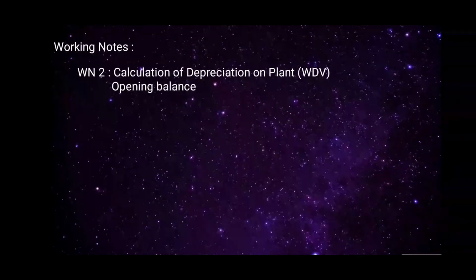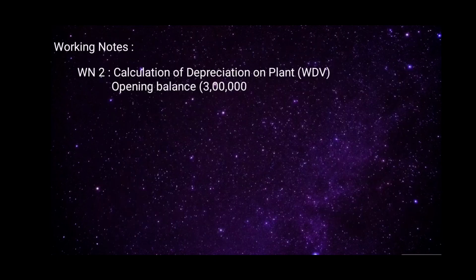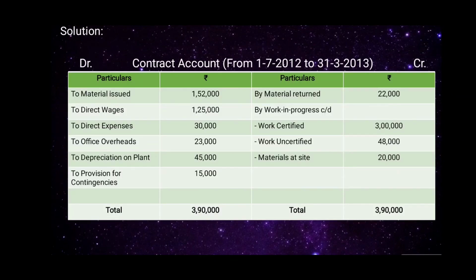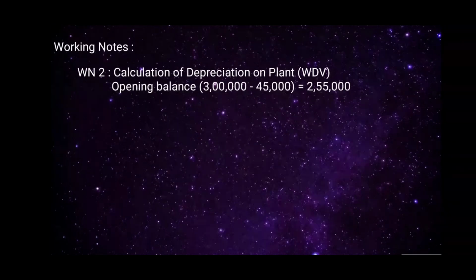The opening balance is 3 lakhs, so 3 lakhs minus rupees 45,000, which will be equal to rupees 2,55,000 into 20%, which will be equal to 51,000.